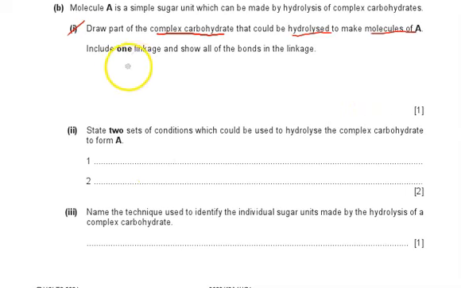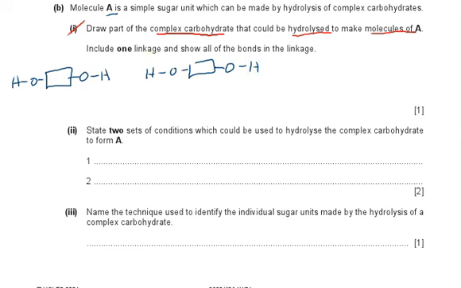Okay, let me explain to you in detail over here. Molecule A, we have here OH, O and H. So you will have another OH over here. When they combine, so this is two simple sugars, let's say we just put them as A and A. How do we form a complex carbohydrate?